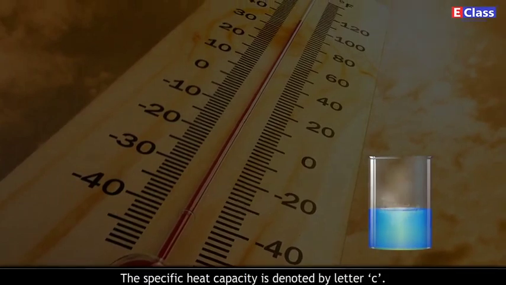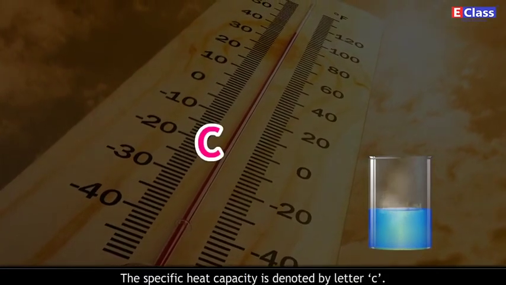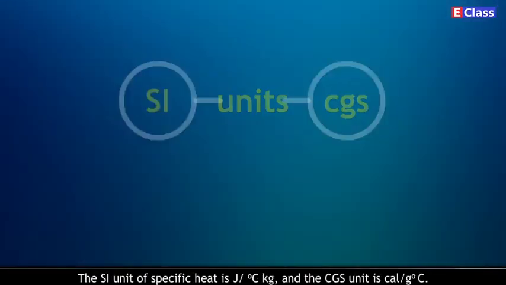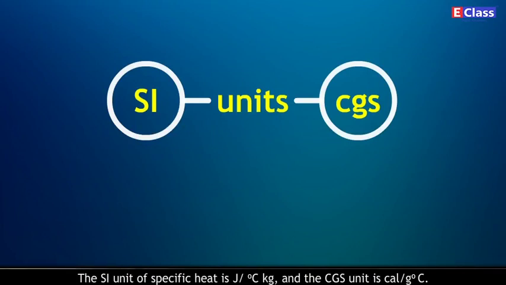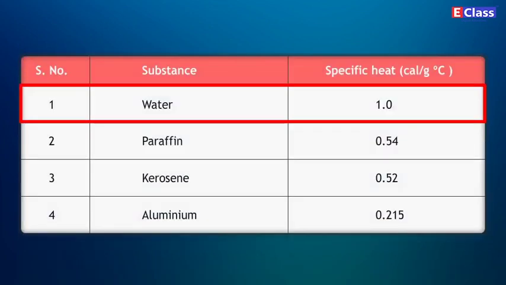The specific heat capacity is denoted by the letter C. The SI unit of specific heat is J per kg degree Celsius and the CGS unit is cal per g degree Celsius. Substance, water, specific heat in cal per g degree Celsius: 1.0.